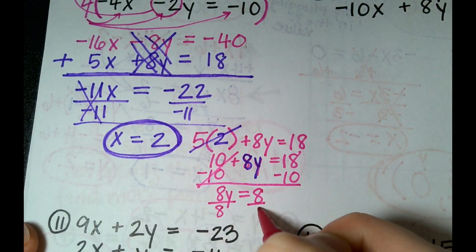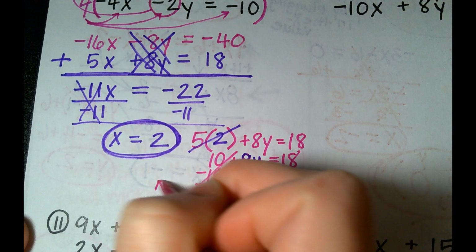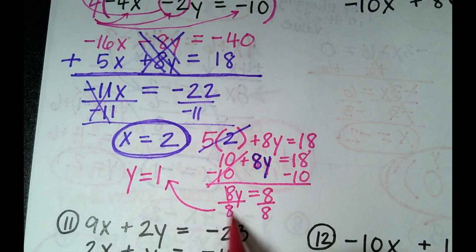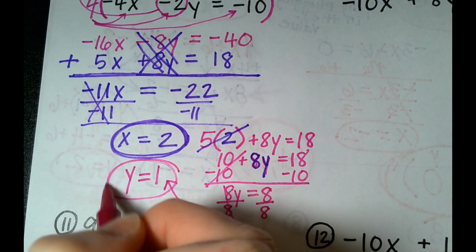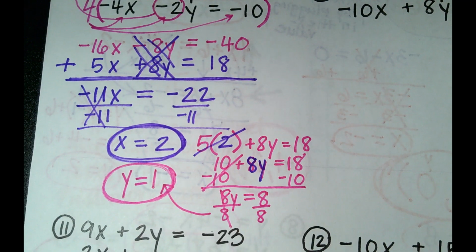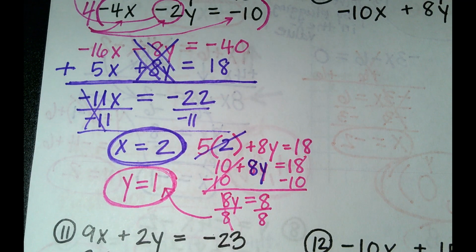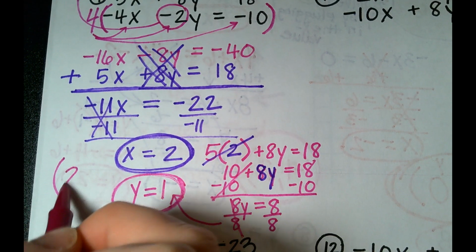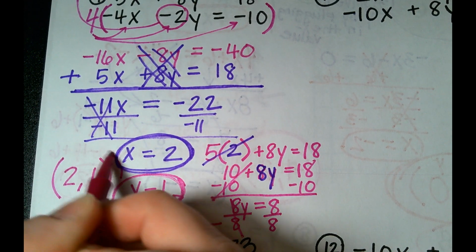Divide by 8. Perfect. Y equals 1. There we go. So our x is 2, our y is 1. If we wanted to write a coordinate, it'd be 2, 1.